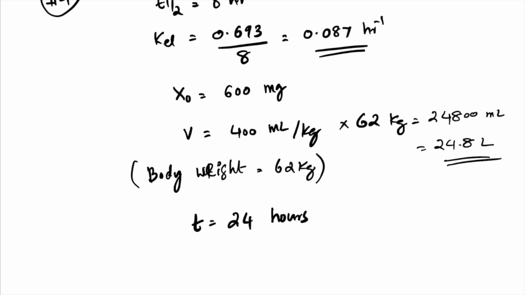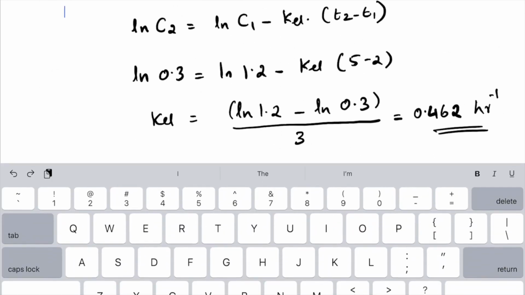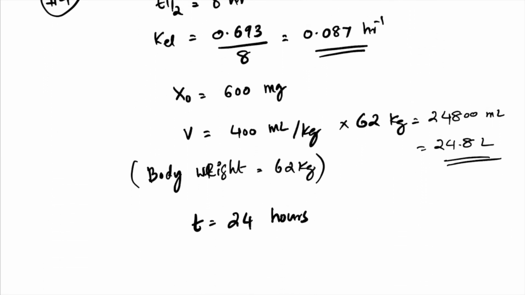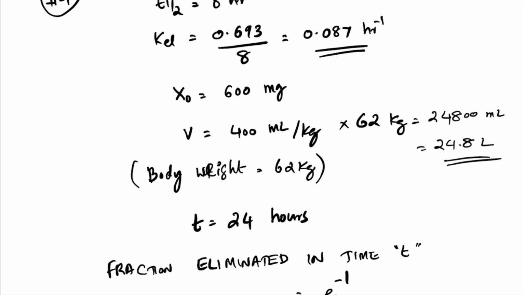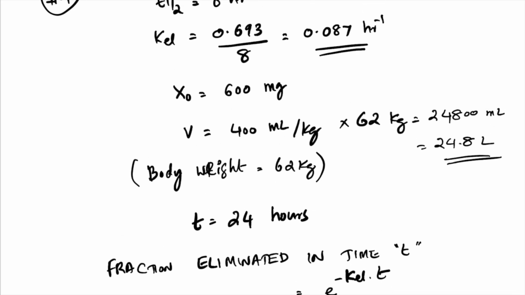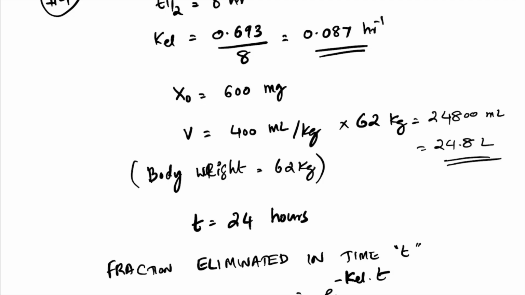Now, the fraction eliminated at time t, this is from the basic first order equation, fraction eliminated in time t is actually equal to e raised to negative KEL times t. So here t is given as 24 hours, so all we have to do is calculate e raised to negative 0.087 times 24.